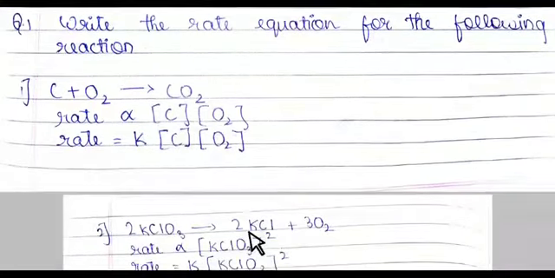Similarly, in this reaction, the reactant is chlorate, ClO3, and chlorate appears as 2 molecules. Here the quantity of chlorate is 2.